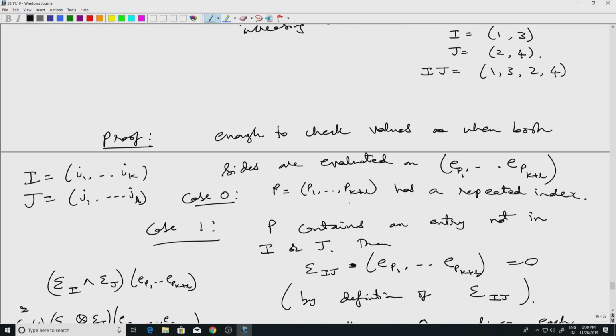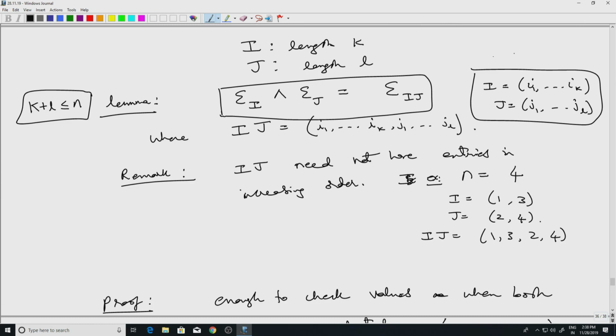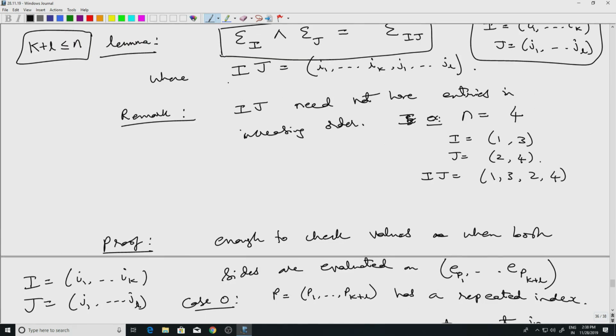So when there is a repeated index, the right hand side is trivially 0, because of the definition, and similarly the left hand side.